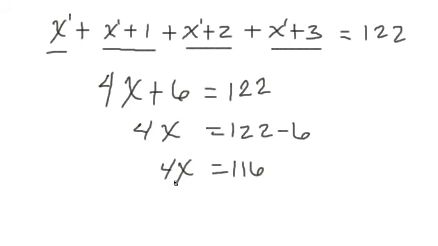We've got to do something with this 4, and I'm going to multiply both sides by 1/4. And that's going to leave me with x is equal to 29. All right, well, let's see if this checks out.